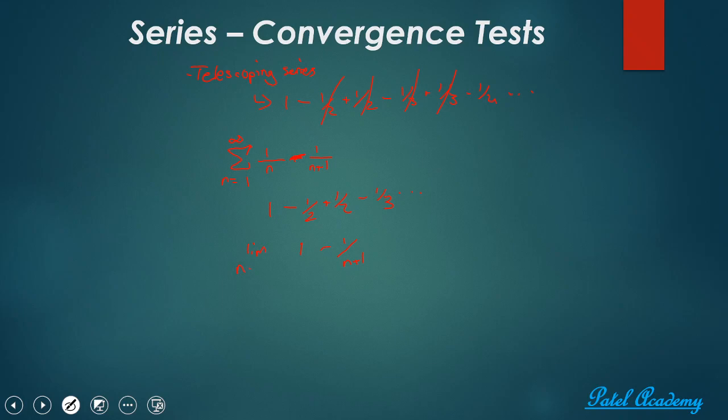So I'll just take the limit as n goes to infinity of this entire thing, and I'll get 1. So this telescoping series will actually converge to 1, because everything else will cancel out or become 0 as n goes to infinity. And so this isn't really a test per se, but it's an example of a series where you have to use your knowledge of limits, and so they consider it like a special type of test.